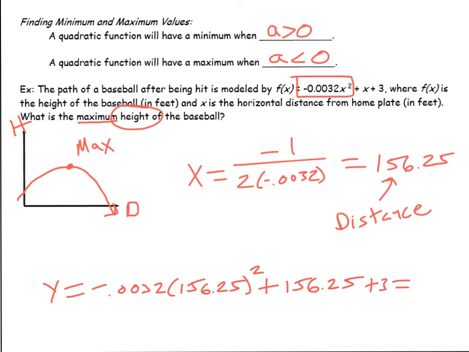That's just 156.25 getting plugged back in. And we get 81.25. Anytime you do a word problem where you're finding a maximum, pay close attention to that. Do I want the x value or do I want the y value? It either means you could stop right after negative b over 2a, or you have to plug it back in.